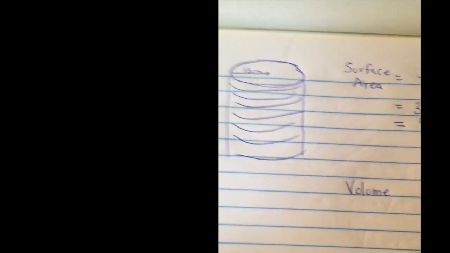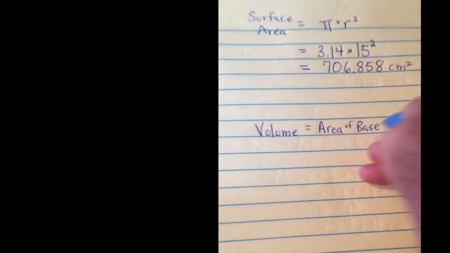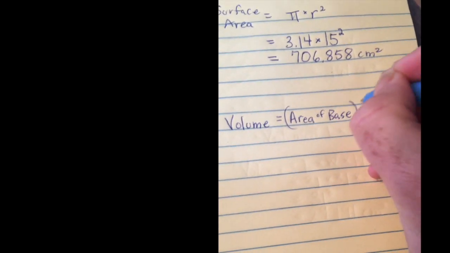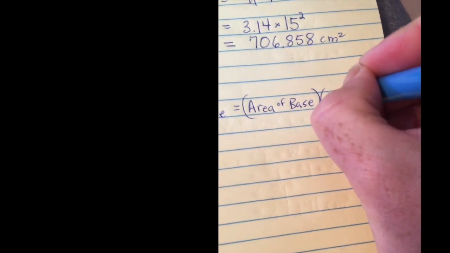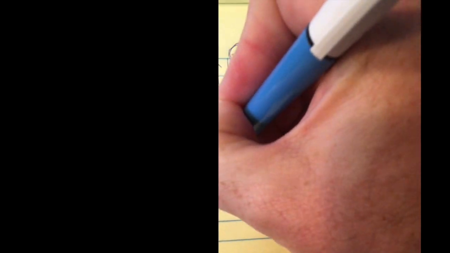Okay, so the volume of a cylinder then will equal the area of the base, so the area of the circle, multiplied by the height. So the area of the base of the circle, and this represents the height.